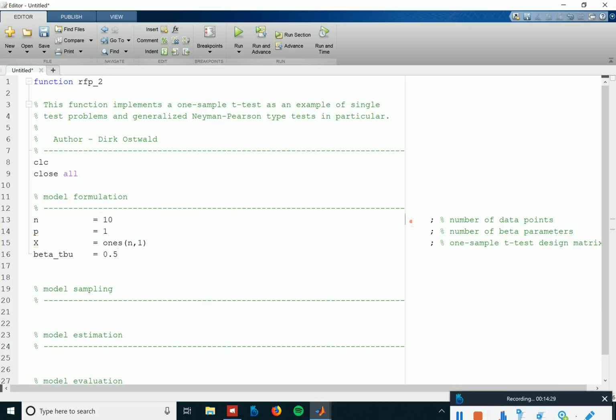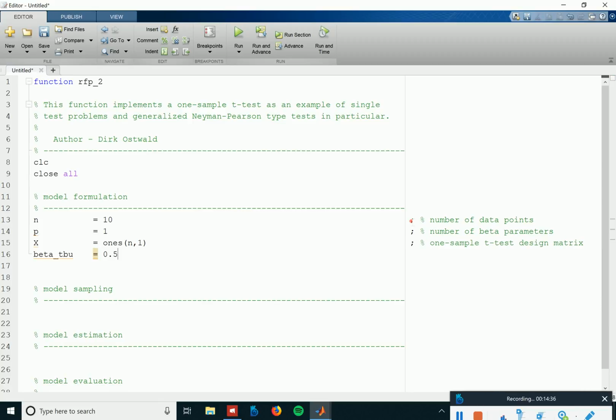And so that's the true but unknown value. Which other parameter do we have to specify to be able to sample our 1 sample t-test GLM? Anyone? Yeah, sigma.